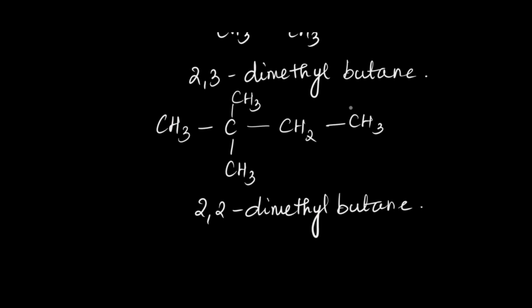Okay. So once we know the straight chain isomers, let's move on to conformations. Conformations are again the spatial arrangement of our atoms which can be converted into another arrangement by a rotation.